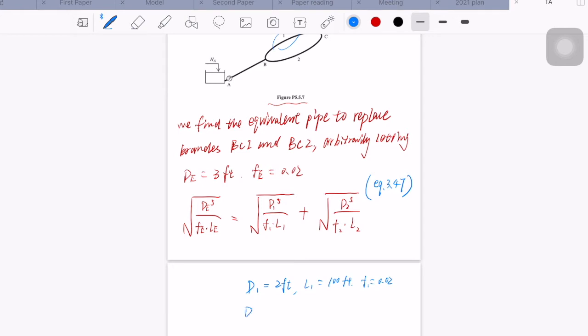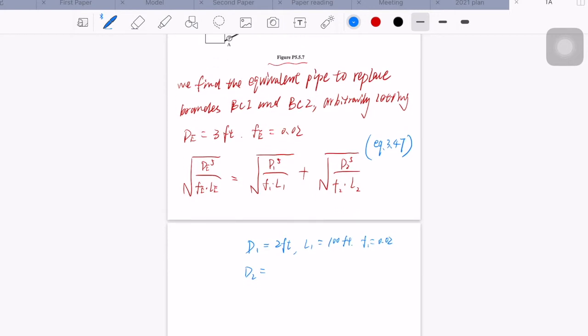And we also know the D2, the diameter of branch BC2, equals 1 feet, and then L2 equals 500 feet, and F2 also equals 0.02.